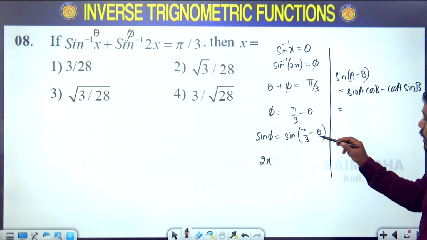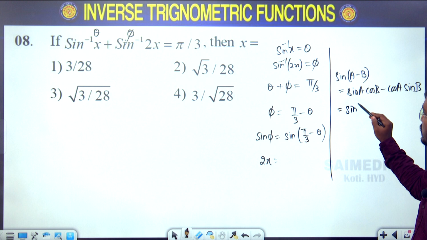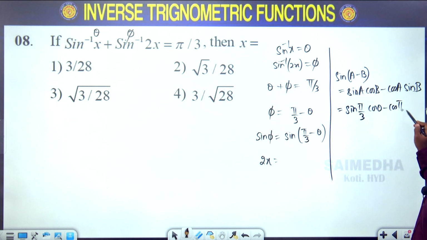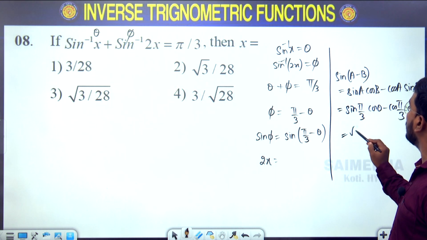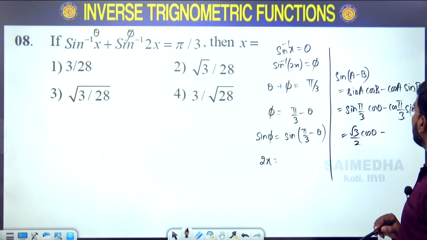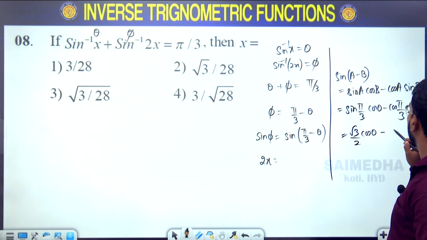So here a value is pi by 3. So we can write sin pi by 3 cos theta minus cos pi by 3 sin theta. The value for sin 60 is root 3 by 2 cos theta minus cos 60, 1 by 2, that is sin theta divided by 2.